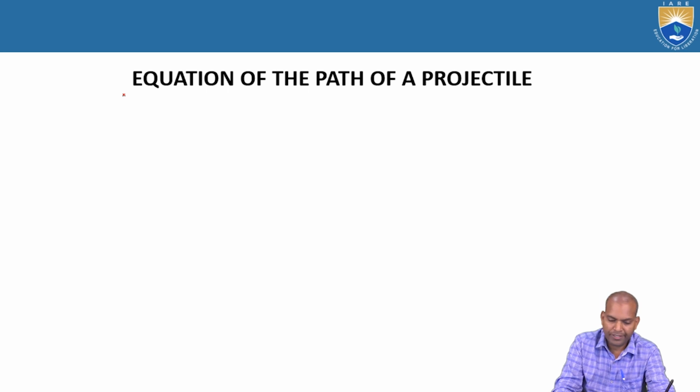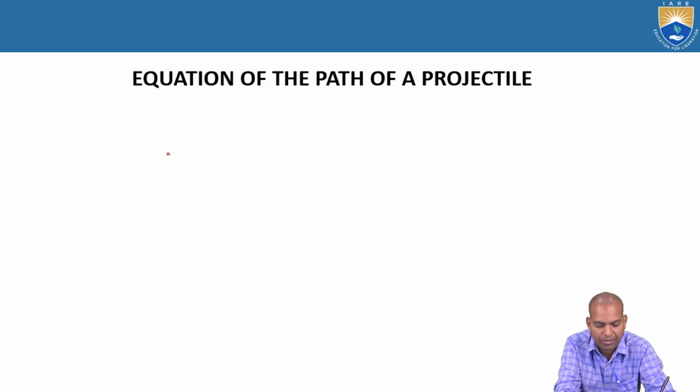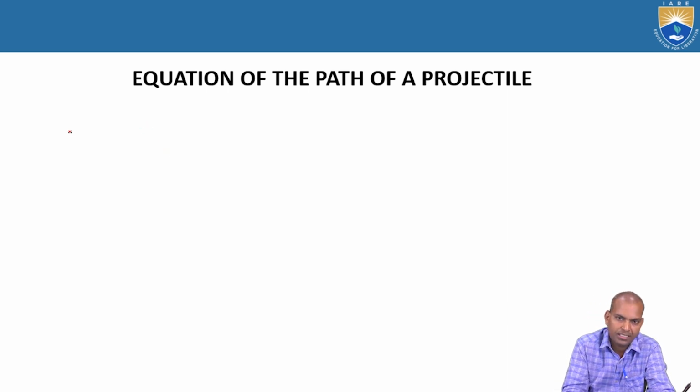Now we are going to calculate the equation of the path of a projectile. We are going to consider the initial velocity. We throw a ball with some angle of inclination. The path traced by the projectile is in the shape of a parabola.